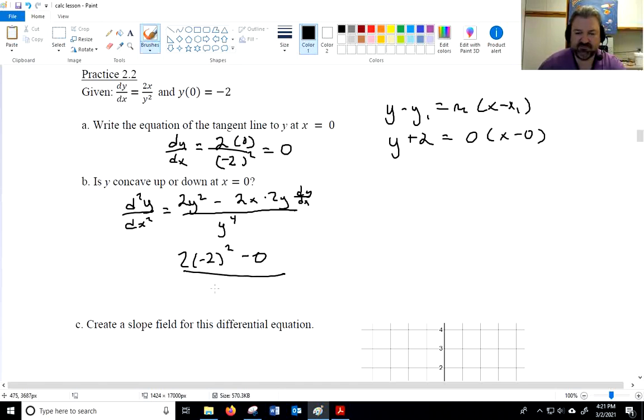And then negative 2 to the fourth is a positive 16. So this becomes 4 times 2 is 8 over 16 is 1/2. What this tells me is it is concave up at x equals 0.